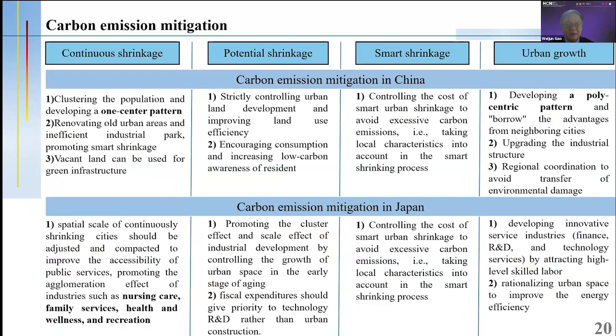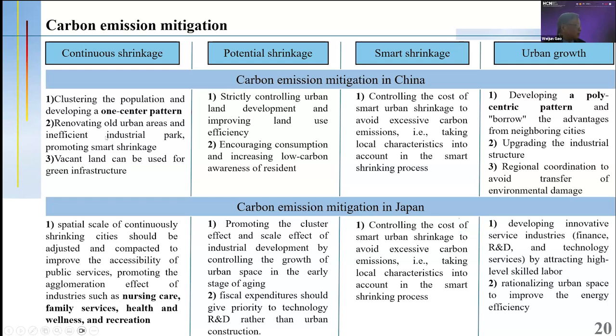And then we have some mitigation measures for China and Japan. For China, for example, clustering the population and developing a one-center pattern, something like a compact city, will decrease the carbon emission, right?